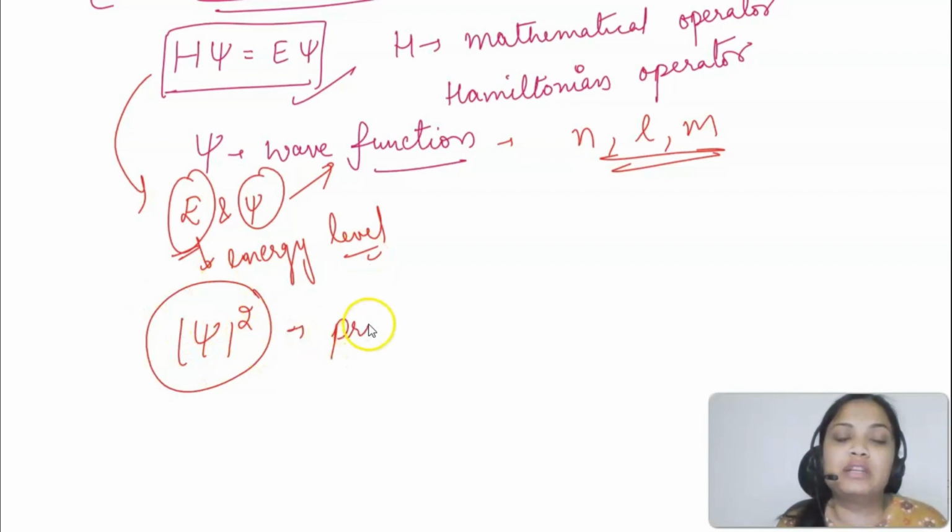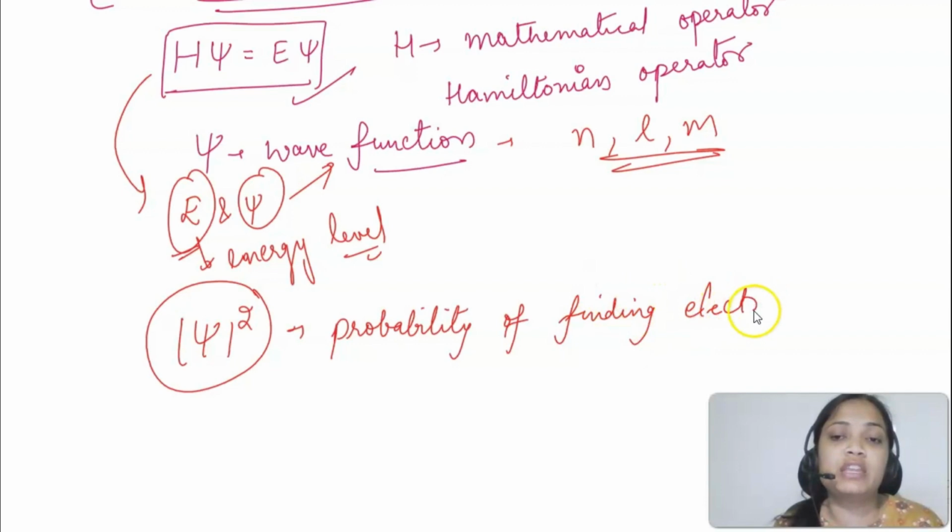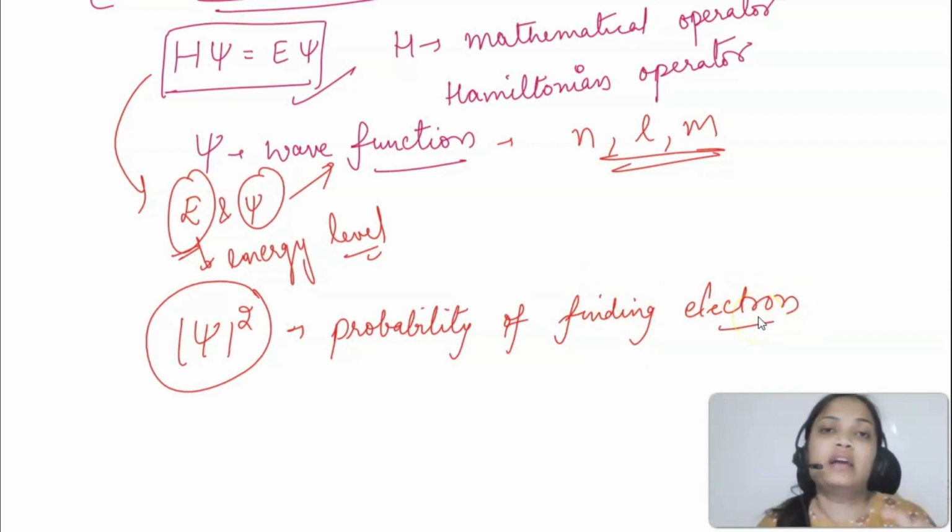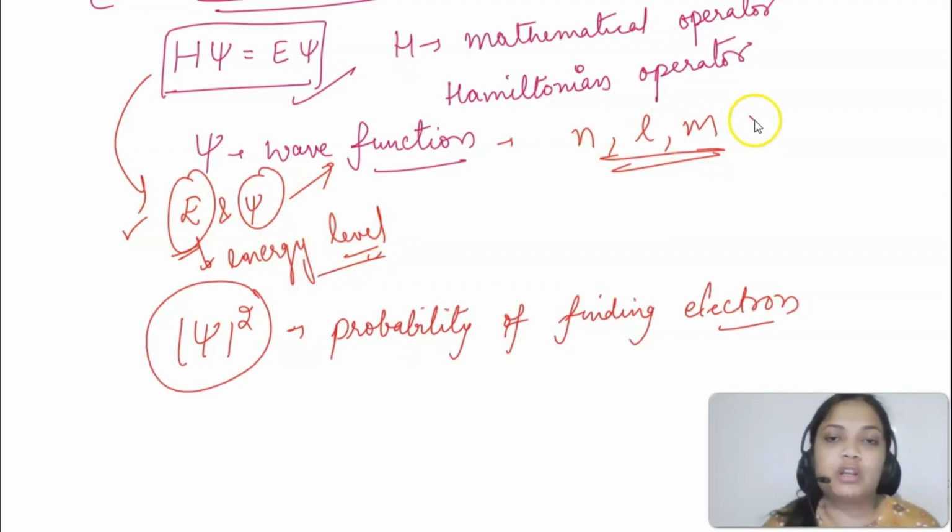It tells us about the probability of finding the electron around the nucleus, in which area you are going to find the electron, or where is the maximum probability of finding the electron. So the Schrödinger wave equation solutions give us the value of energy levels, and for each energy level the wave function has all the information about the electrons, categorized by these quantum numbers.